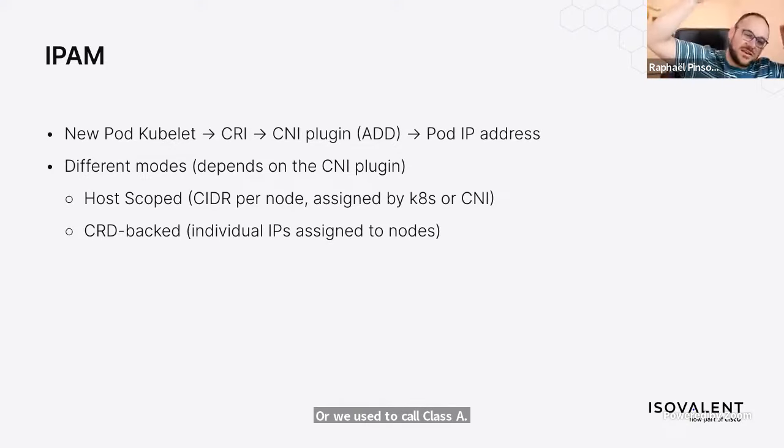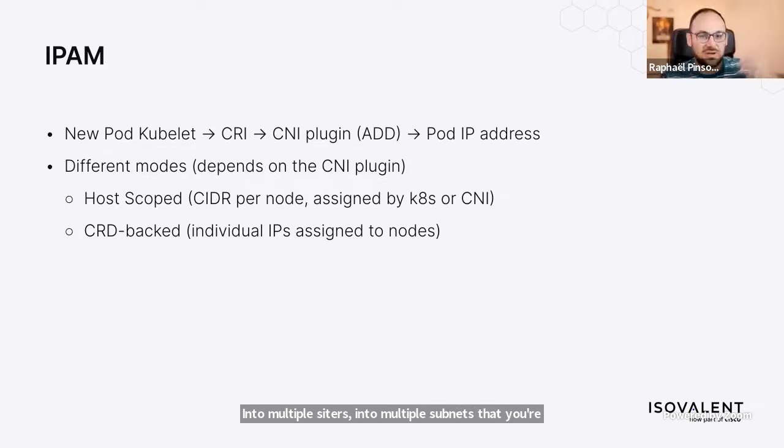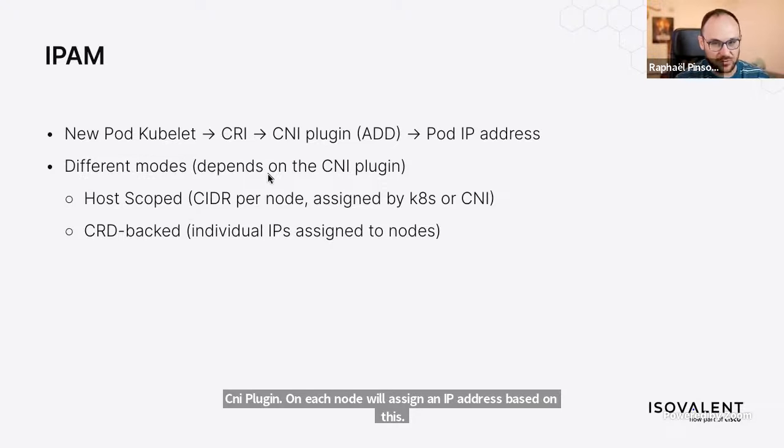And then you slice it into multiple CIDRs, into multiple subnets that you assign to nodes, typically a /24 per node. So every node gets a /24, 10.0.1.0 for the first node, 10.0.2.0 for the second node, and so on and so forth. And then the CNI plugin on each node will assign an IP address based on this for the pods that are started on the node. This is the first way.